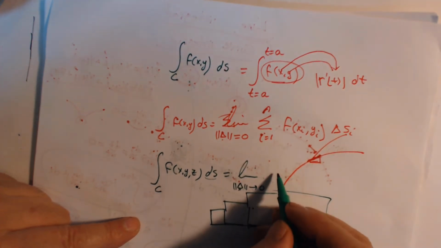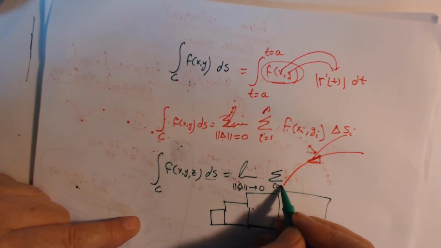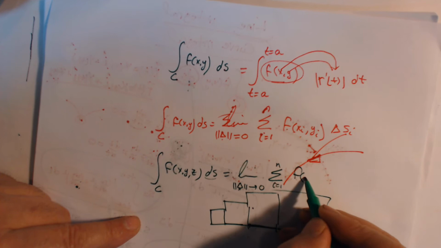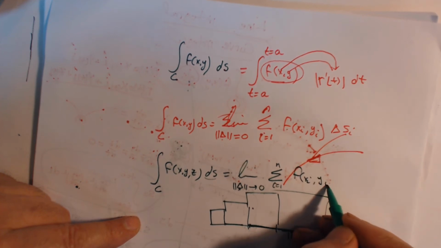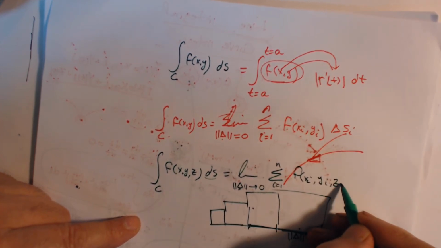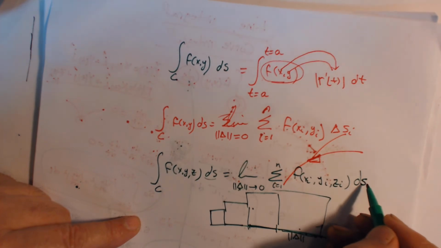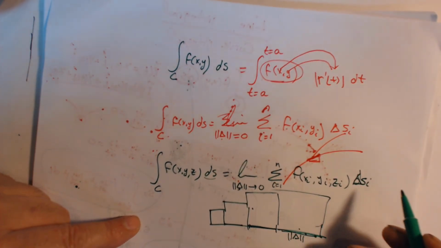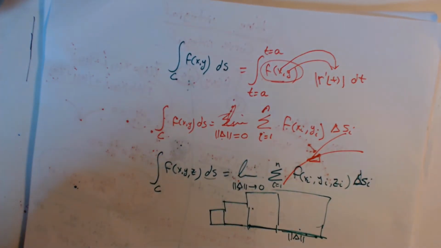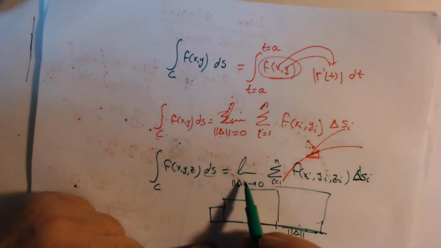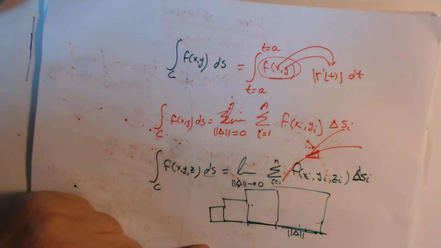And that becomes the sum from i equal to 1 through n of f of the ith piece times delta s_i.